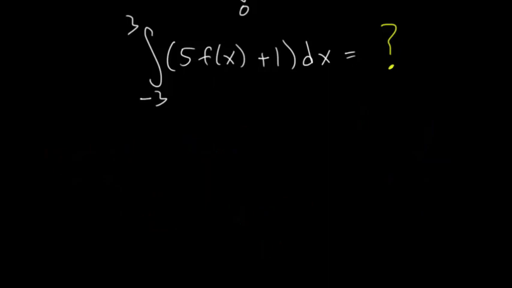One of the first things you can notice about this integral is that we have a sum inside the integral. If you have the integral of a sum, you can break that up into the sum of multiple integrals.